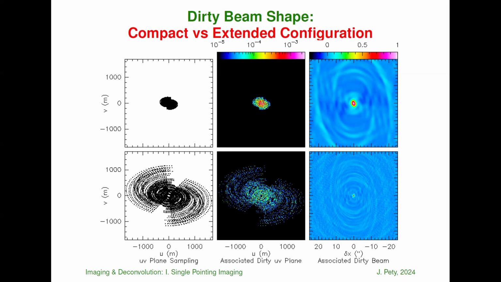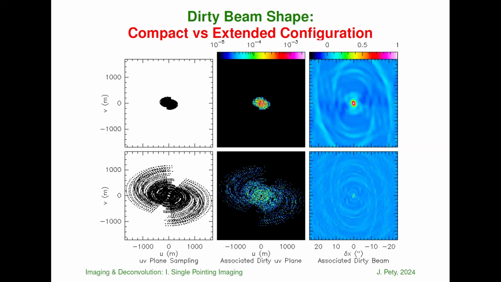In the compact configuration, your antennas sample the inner part of the UV plane, and you get plenty of sensitivity, because all the collecting area is measuring those points. When you go to extended configurations, you have the same number of antennas and the same collecting area, but you have a much larger UV plane to sample. You need to sample many more points, and thus the sensitivity is diluted over the extended dimension.